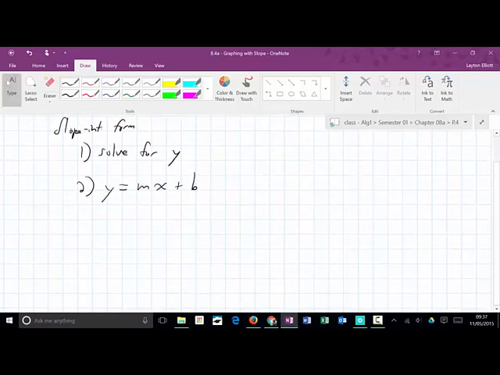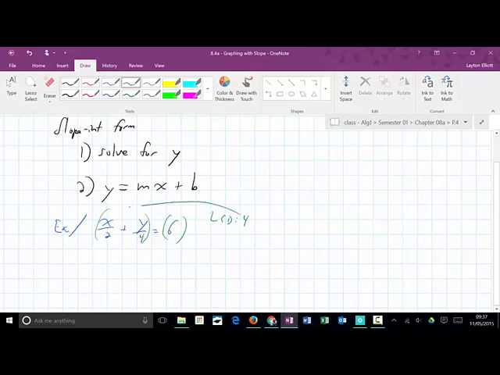An example of this would be if I have a line that looks like this: x over 2 plus y over 4 is equal to 6. Then if I want to get that in slope-intercept form, I could do what we did before, where I multiply both sides by a least common denominator of 4, get rid of that problem.